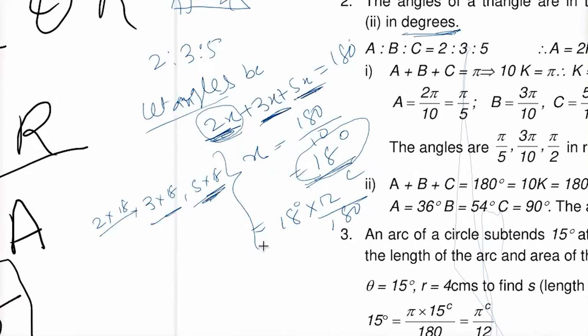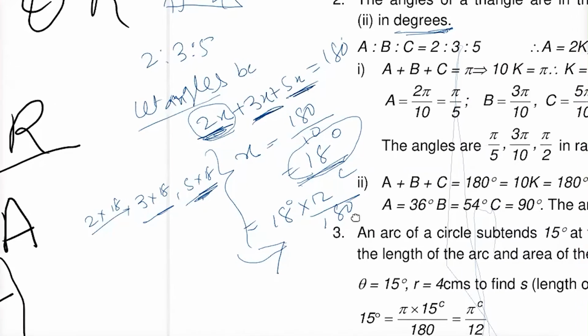In the same way in radians also, whatever value you get, multiply with 2, 3 and 5. Okay. So anyone still have doubts?